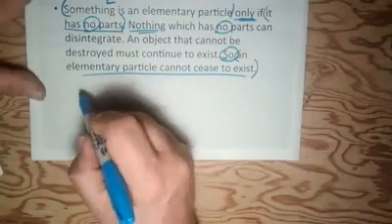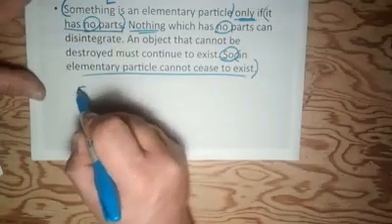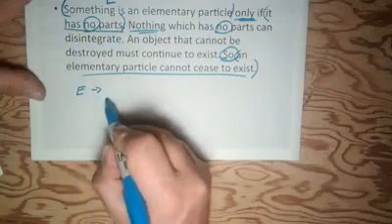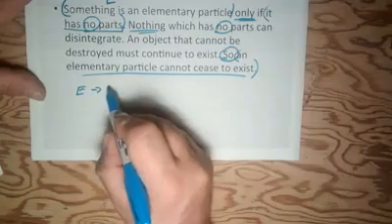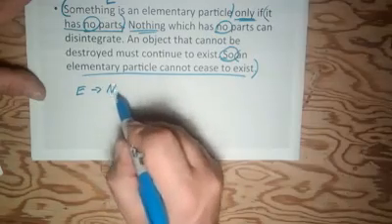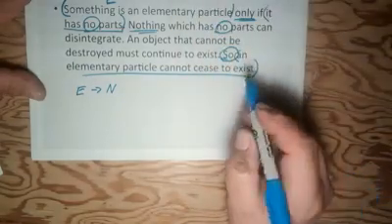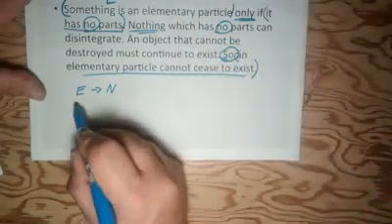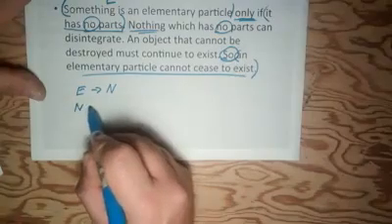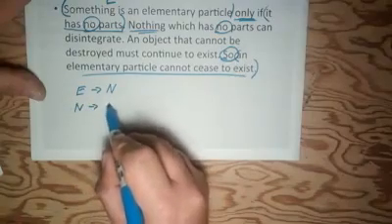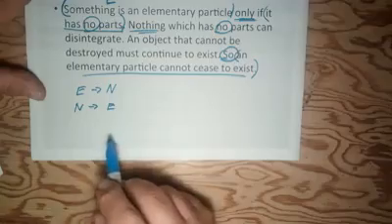Okay, so then we have, if something is an elementary particle, then it has no parts. Let's call that N. Or should it be, if it has no parts, then it's an elementary particle?